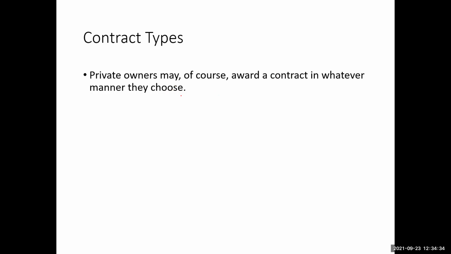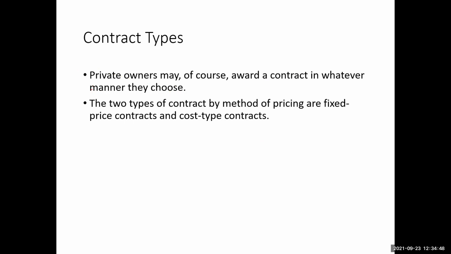Private owners have no such compulsion of the pressure of public money, because the capital will be their own capital, so they can award the contract in whatever manner they choose. The two types of contract by the method of pricing are fixed price contracts and the cost type of contract. These are the two main types.